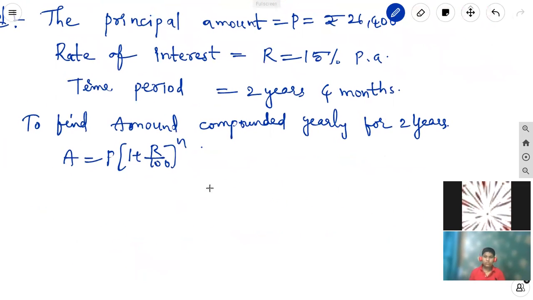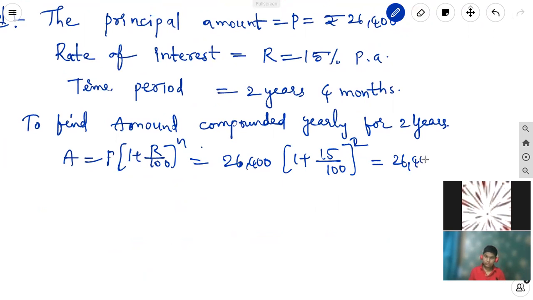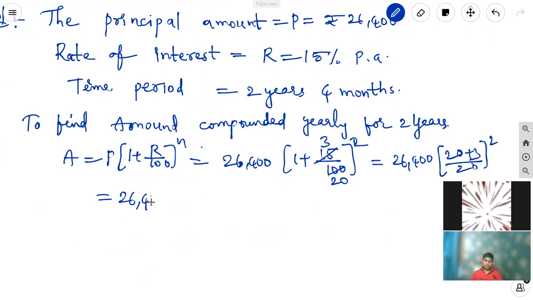Here, P is 26,400, 1 plus rate of interest per annum 15 by 100, number of years is 2. It is equal to 26,400 into (1 plus 3 by 20) whole square, which is 26,400 into 23 by 20 into 23 by 20.